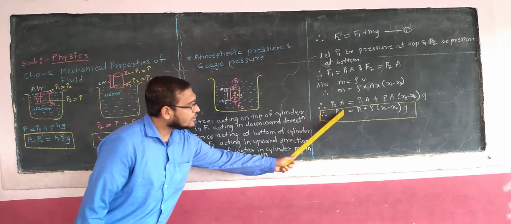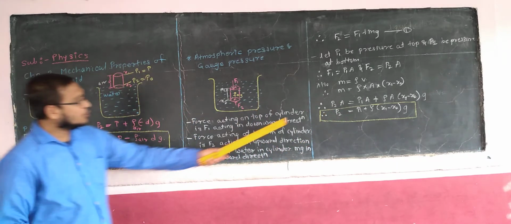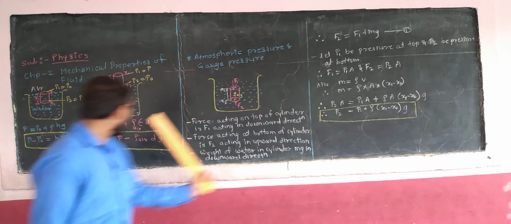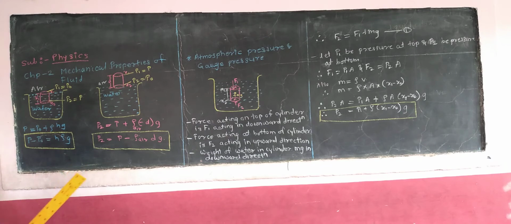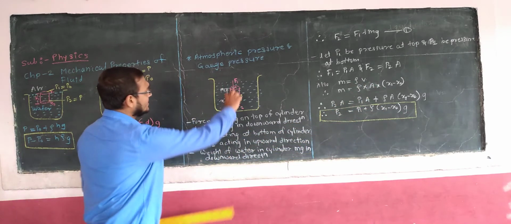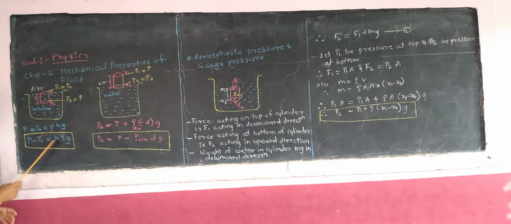Now use this equation and just substitute these values. What is the value of P2? P. What is the value of P1? P1 is equal to P0. Then we have rho, and this x2 minus x1, which is given here, is nothing but height h. So I have written here h and g. So what we get? P is equal to P0 plus rho hg.